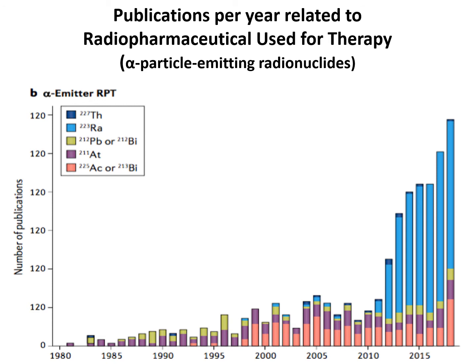This is the publications per year related to radiopharmaceuticals used for therapy using alpha particle emitting radionuclides. I think you have already studied or learned about alpha particles, which are helium nuclei. They involve 2 protons and 2 neutrons that are emitted from the nucleus of a radioactive atom. Depending on their emission energy, they can travel between 50 to 100 micrometers in tissue.